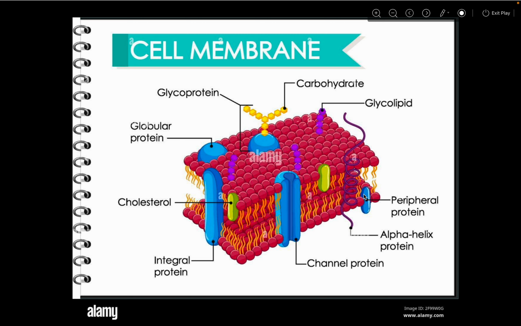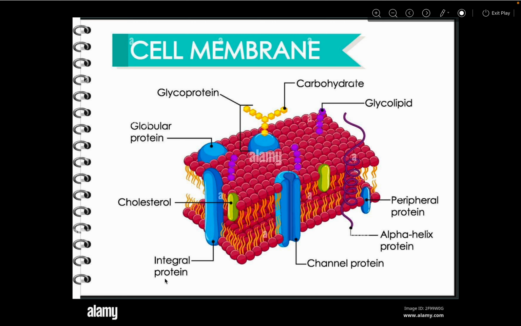And at the lower portion of the cell membrane, you will encounter this bean-shaped structure in the form of a peripheral protein. At the tip of it, you will see the alpha helix protein. The main difference between peripheral and integral protein is that the former is much smaller in size, while the latter, the integral protein, is much bigger and more prominent compared to the peripheral protein.